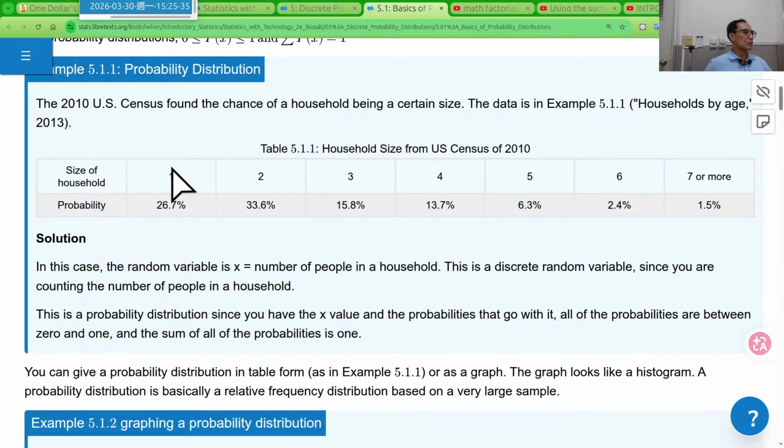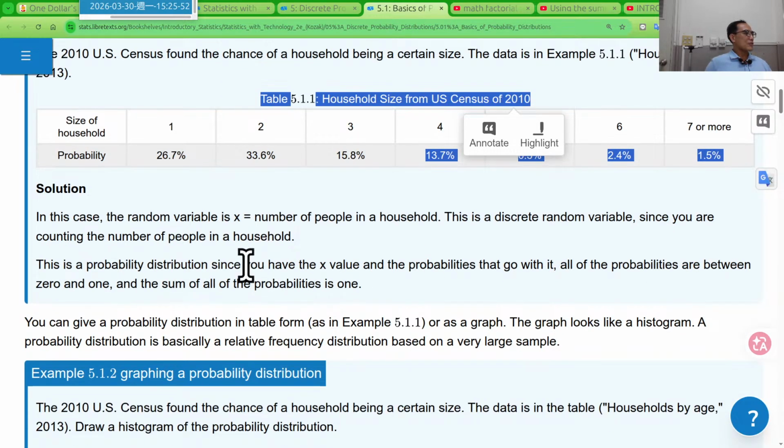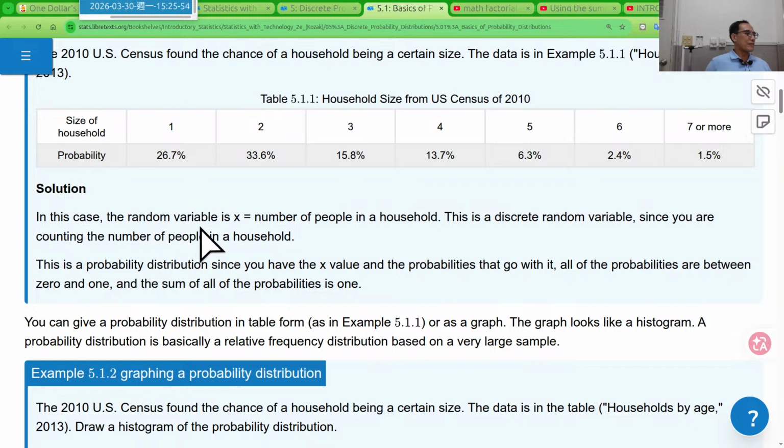Size of household 1, 2, 3, 4, 5, 6, 7 or more, and the probabilities 26.7%, 33.6%, 15.8%, and so on. And the solution: in this case, the random variable is x, and x is the number of people in a household.